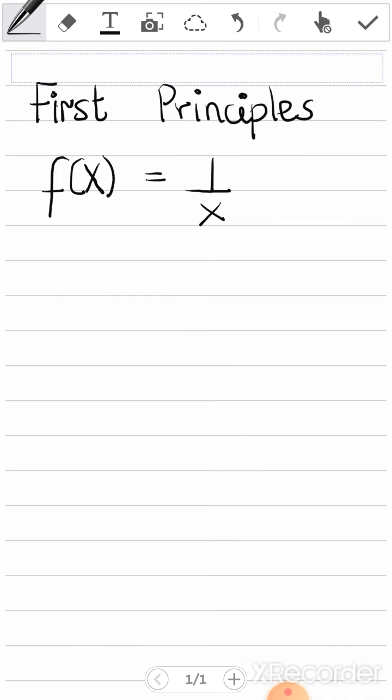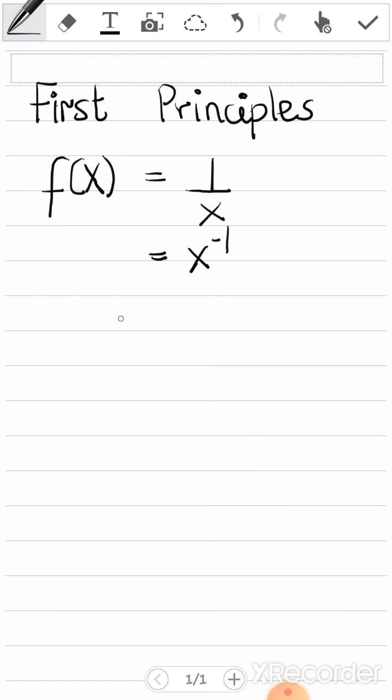Okay, so from normal differentiation, anytime you find something like this, what we're going to do is, from indices first of all, this is the same as x to the power negative 1. So this requires the power rule, which we've already talked about.